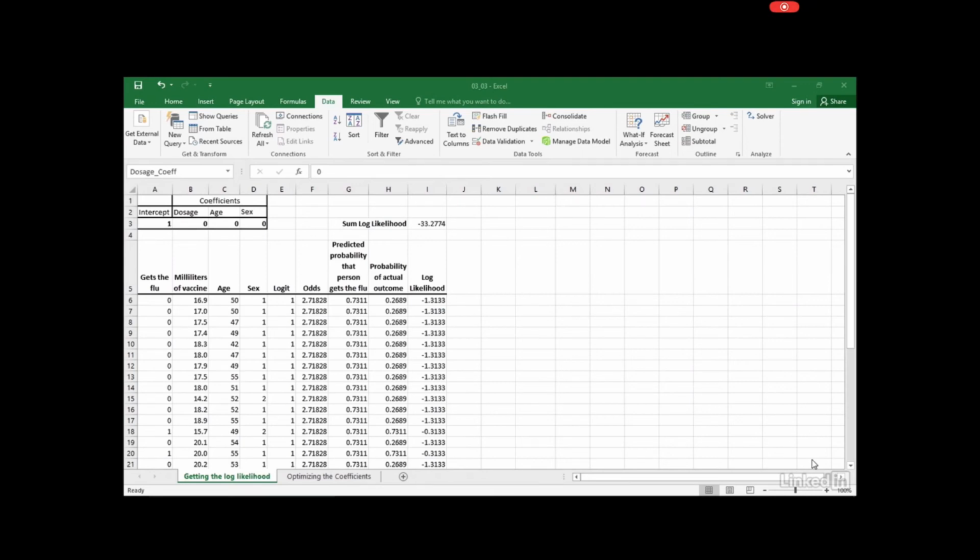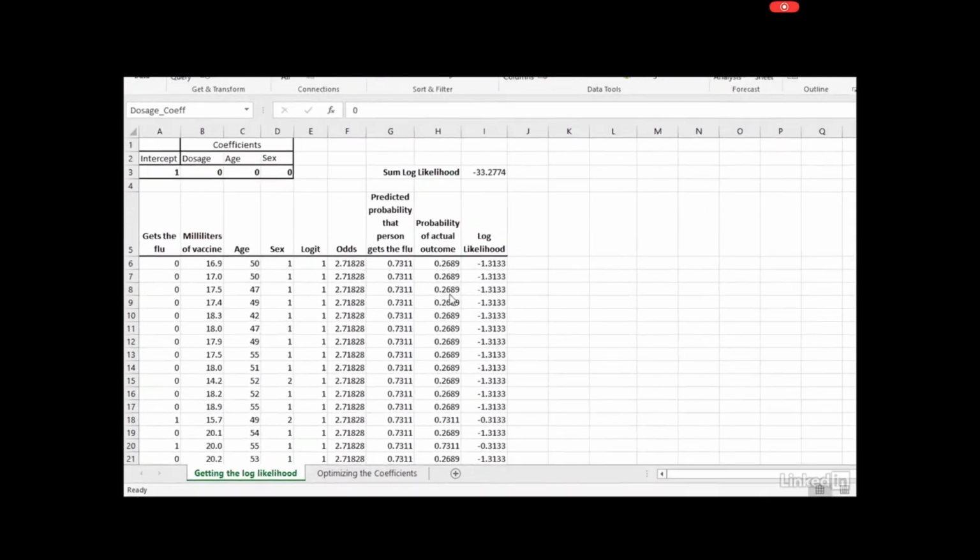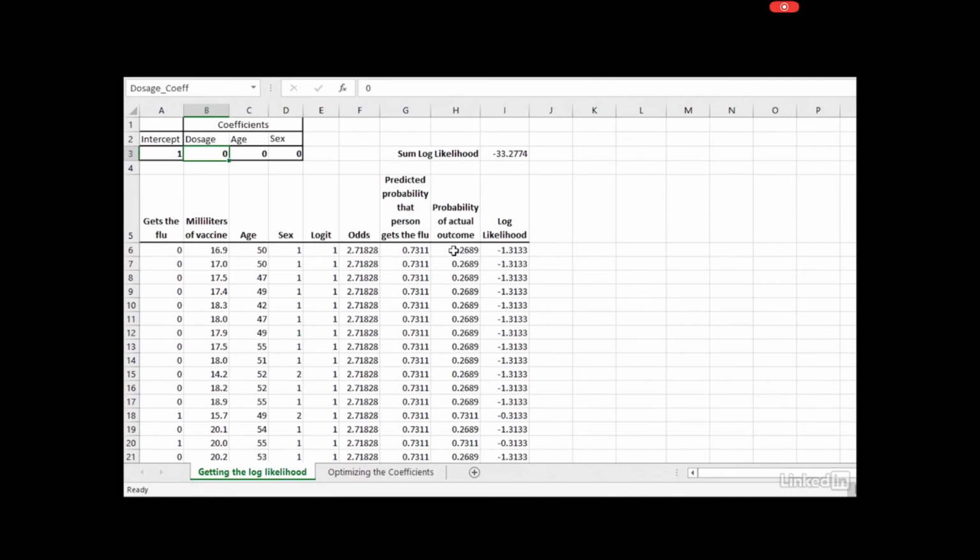The continued product is simply the product of the probabilities. If we were to get the continued product of the existing probabilities in column H, we would multiply 0.2689 times 0.2689 times 0.2689, and so forth throughout the rest of the data set. If these were all 100% or 1.0, meaning that we had predicted the outcome perfectly, then their continued product would be 1.0, the product of all of those probabilities.